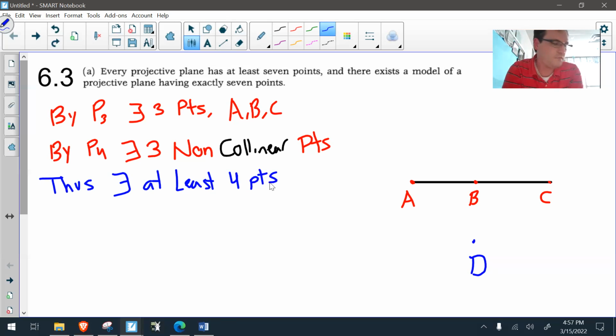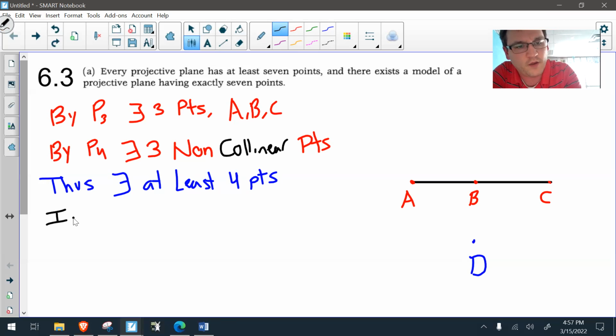Okay. Now we have points A, B, C, and D. Actually, no, I take it back. We are going to use I1, the incidence geometry.